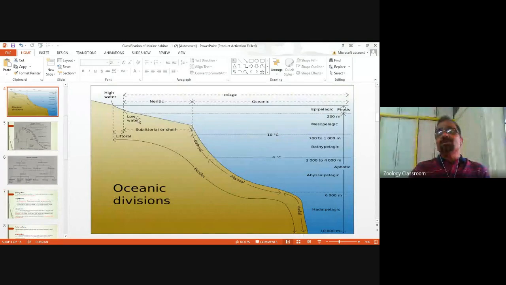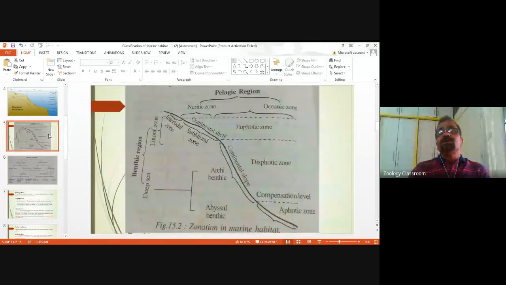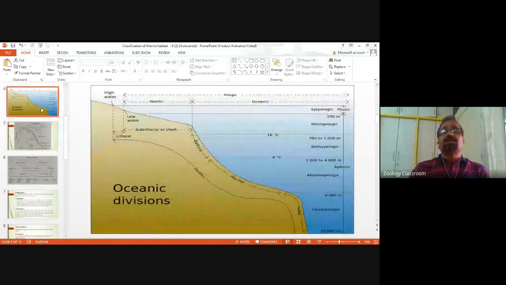This is the continental shelf. This steep slope is the continental slope, and it again goes further down into the trench. This is the trench.